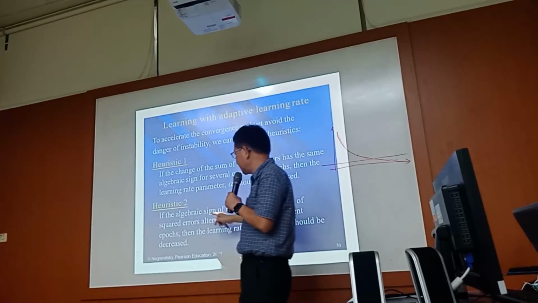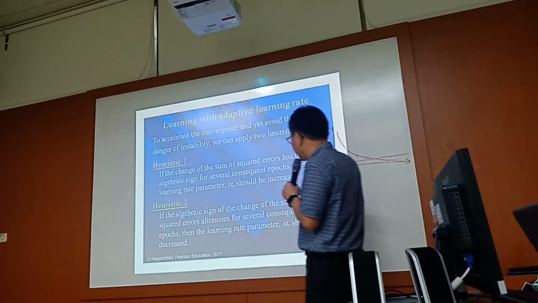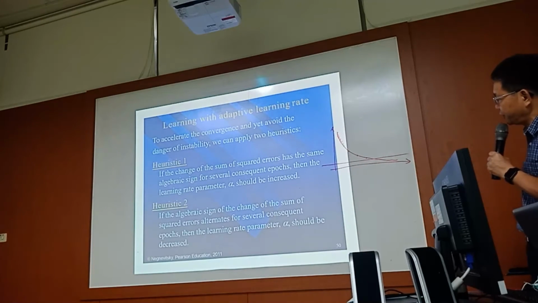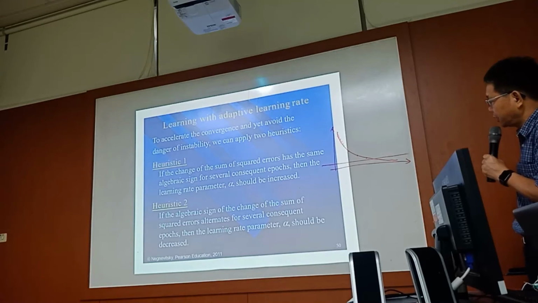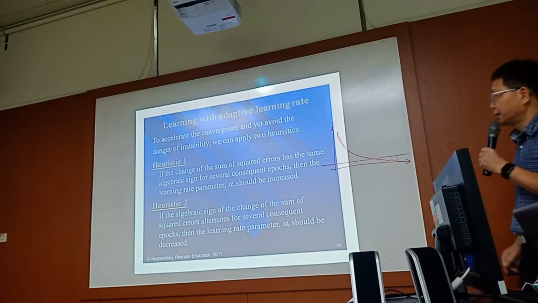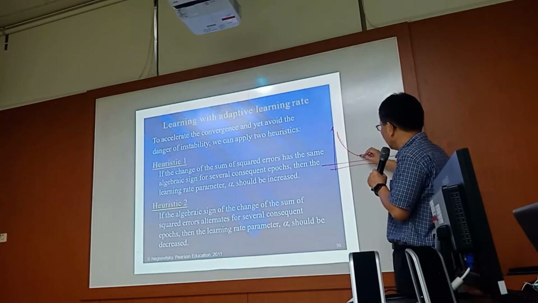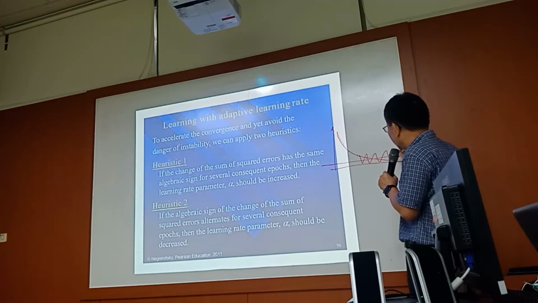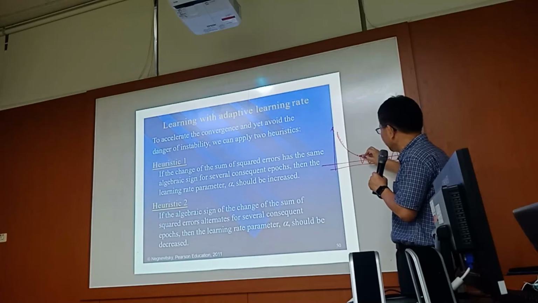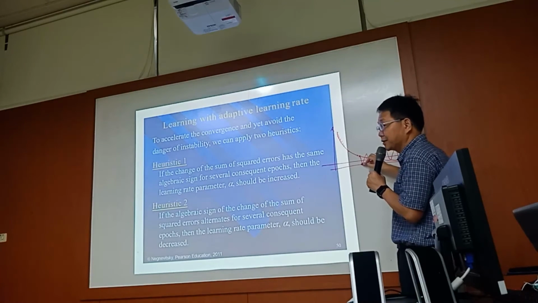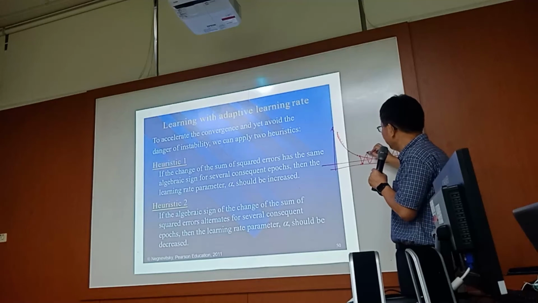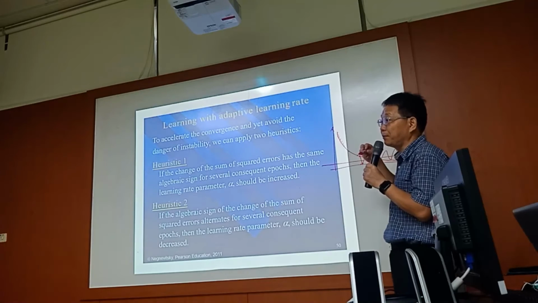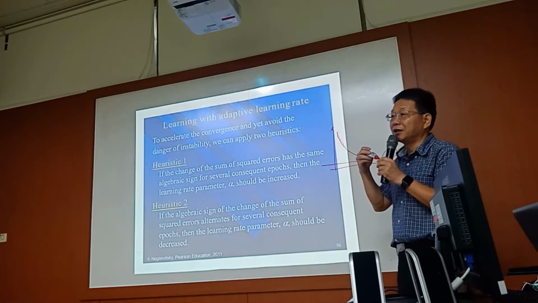And the heuristic is: if the sign of the change in the sum of squared errors is a severe consequence, the learning rate should be decreased. That means if the error goes like this, so sometimes your learning rate setting made it become this norm, and then this norm, that means your steps are too big.